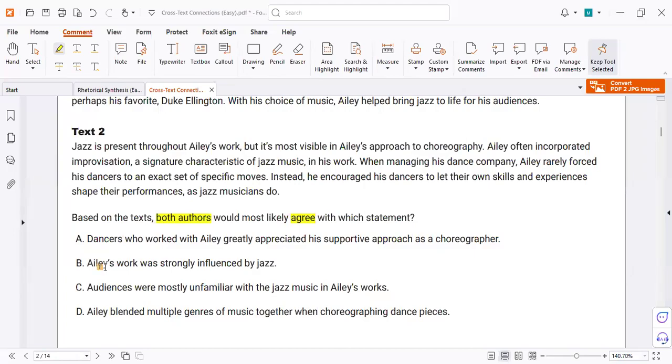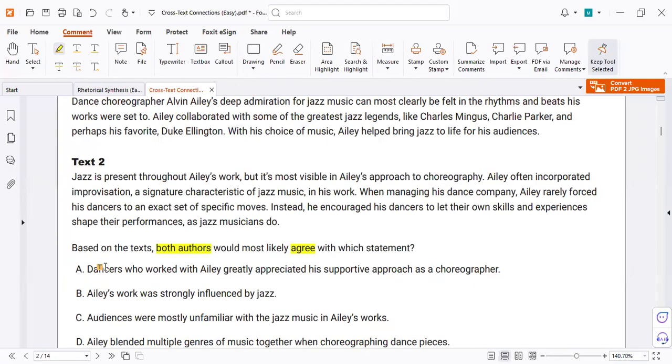It's letter B. How? Let's find evidence. Both of them agree that the work was influenced by jazz. Look, instead he encouraged his dancers to let their own skills and experiences shape their performance as jazz musicians do. So he encouraged means he was influenced.